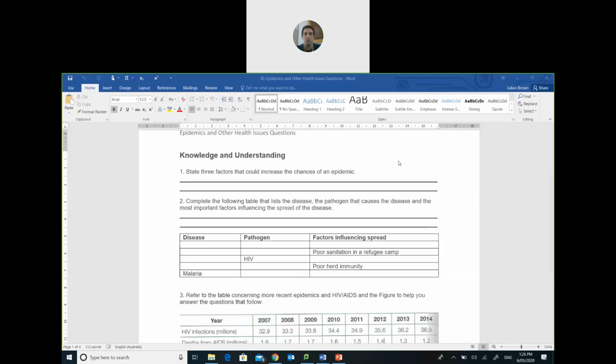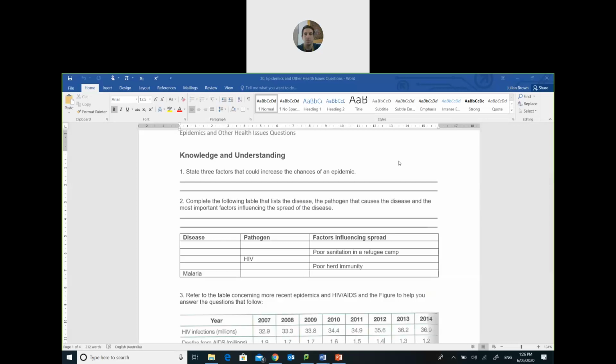In terms of poor herd immunity, most diseases tend to be influenced by poor herd immunity in some form. Remember, herd immunity just means that for whatever reason, the majority of the population is immune. Okay, now that could be natural immunity, could be through a vaccine, whatever it is. If we have poor herd immunity, it just means the majority of an area is not immune.